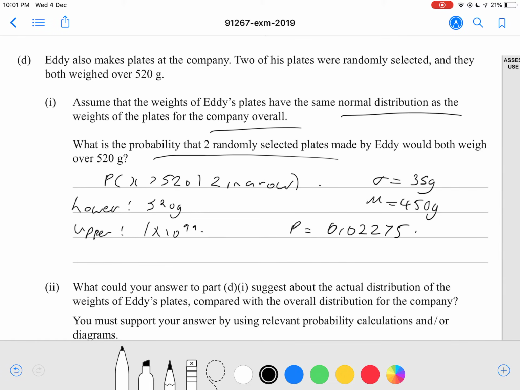So the probability is p squared, which equals 5.18 times 10 to the power of negative 4. This negative 4 represents moving the decimal point 4 times to the left. So that's a very, very small probability here.